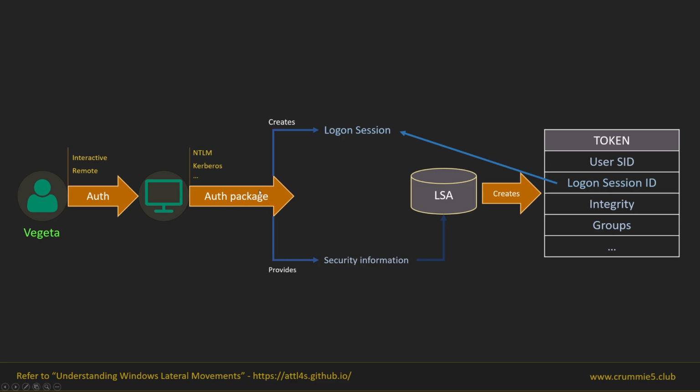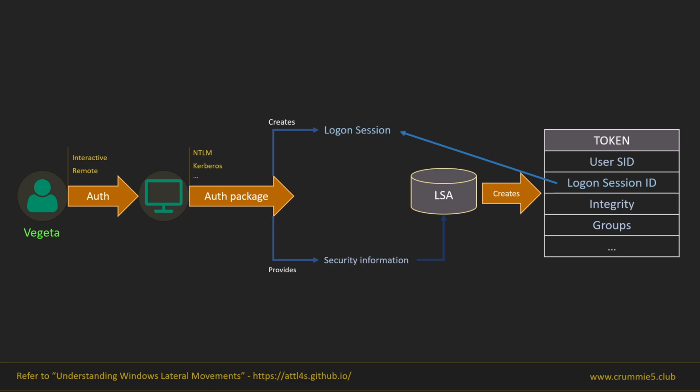The authentication packages are in charge of two main things. The first one is creating a logon session for your user. Then they will take the identifier of the logon session created and provide this information along with all the security information of your user.